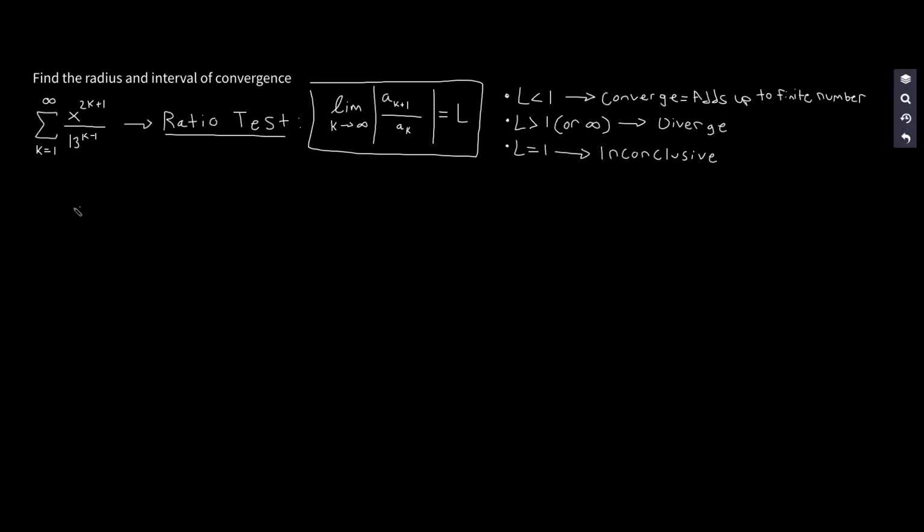Let's go ahead and prepare for the ratio test. We'll do this by identifying a sub k and a sub k plus 1. Well, a sub k, we have it right here in our summation. It's going to be that whole thing.